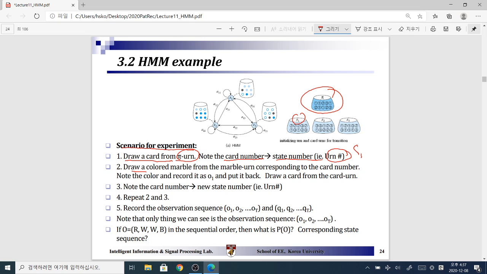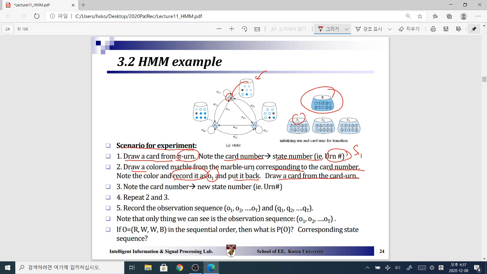Then he draws a colored marble from the marble urn corresponding to the card number. That means if it says S1, state 1, he draws a colored marble out of this urn and records the color as observation 1 and puts it back.